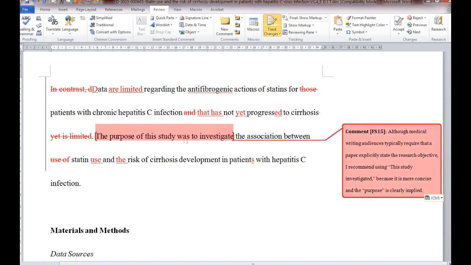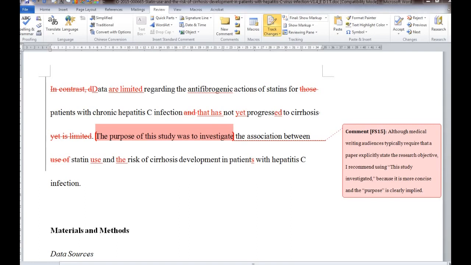Between statin use and the risk of cirrhosis development. Okay. Now here, statin is used as an adjective, so I do not need the plural marker. Okay, in patient with. Okay, patient must be plural in this context. With hepatitis C infection. Okay.